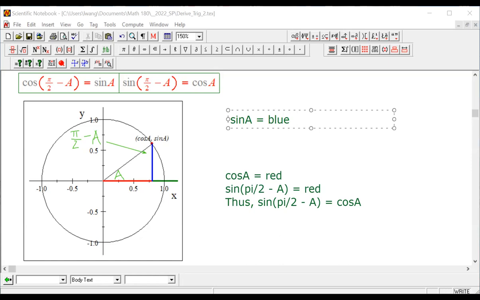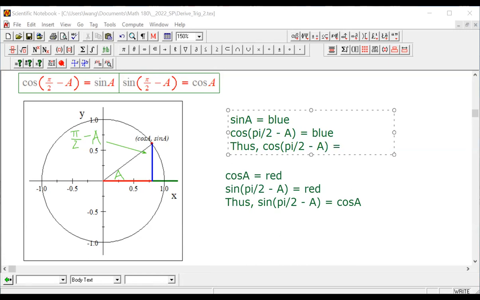And the cosine of pi over 2 minus A is also the blue piece. And therefore, cosine of pi over 2 minus A is equal to sine of A. Okay, so that has proved these two identities, which are very, very useful.